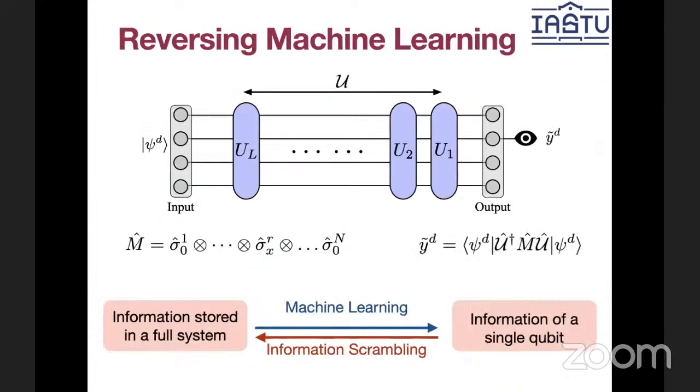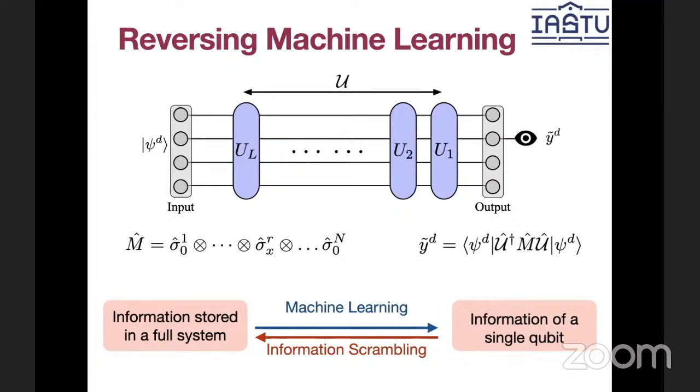Okay, and here we consider more specifically this kind of quantum neural network structure. The input wave function is sent to this quantum neural network, and after a set of unitary evolutions, we take the single qubit measurement of the output function.